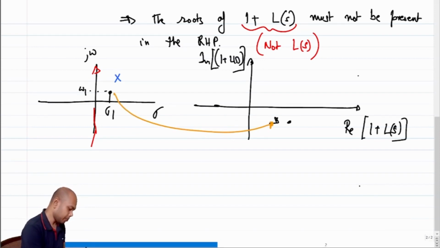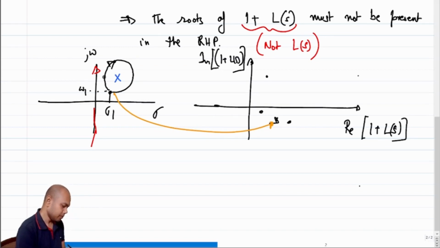Let's say I take another point somewhere over here. Maybe this maps to this point, and I take another point here. Maybe this maps to this point, and so on. And I keep on taking these points, and I go in a counterclockwise direction. So what will end up happening?